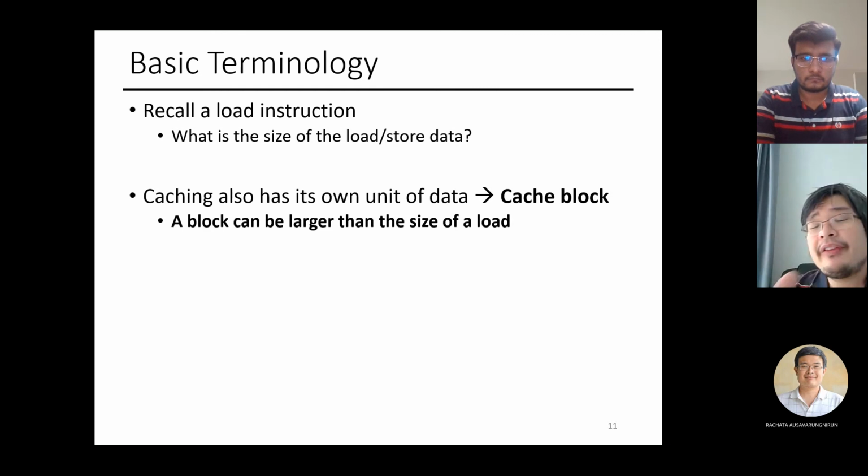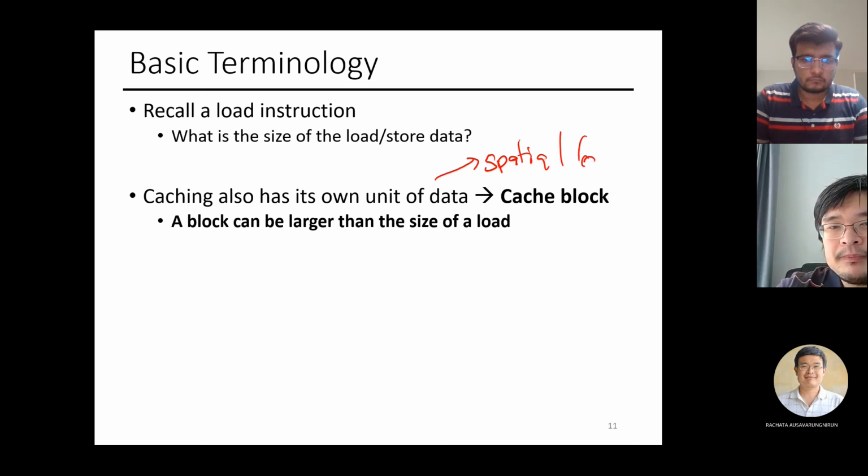A cache also has its own unit of data. We call this a cache block. They are bigger than one load. It's just how this is organized. So basically this is done to take advantage of the spatial locality. But why is that the case?